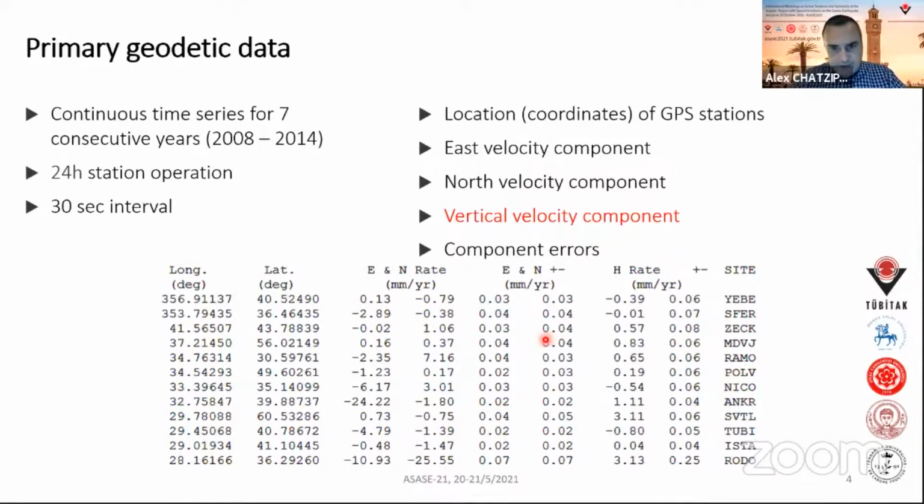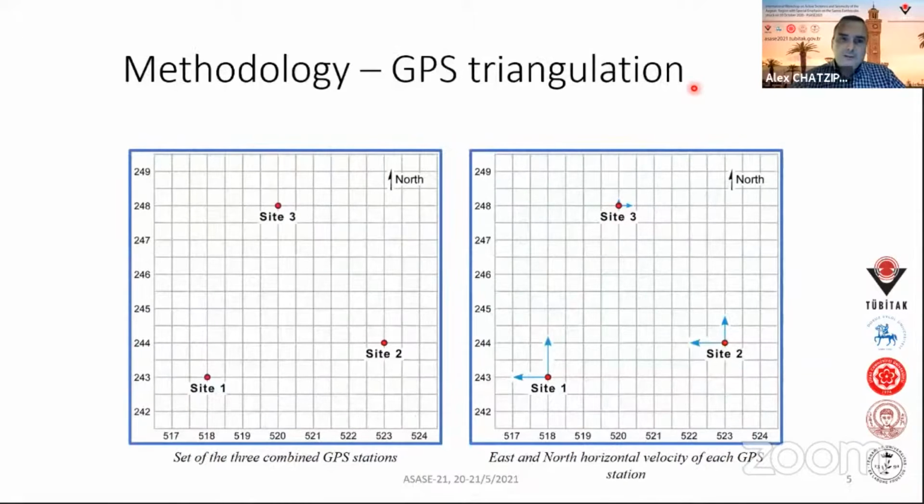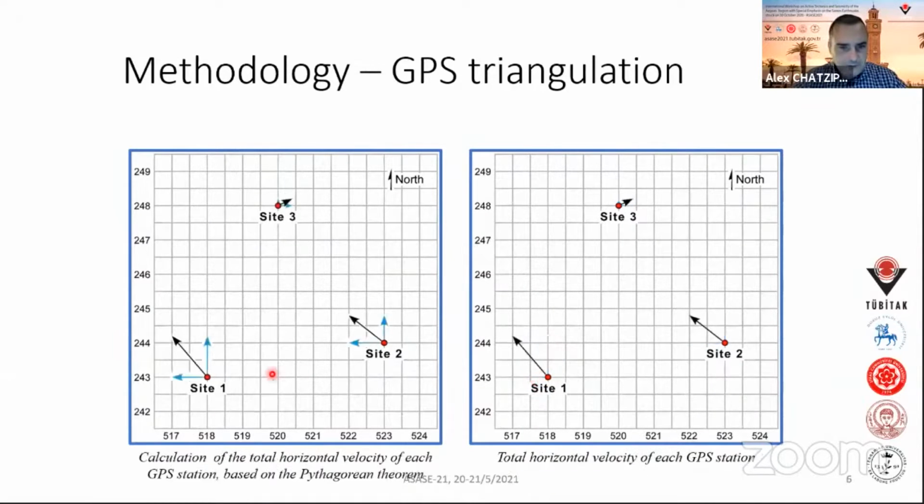In order to process the data, we used a quite simple methodology, which I would like to explain to you briefly. This methodology is a triangulation of sites and a triangulation of respective measurements. It all starts with 3 neighboring stations and the corresponding east and north velocity vectors, from which we can calculate the total horizontal velocity, which is the resultant of those 2 vectors.